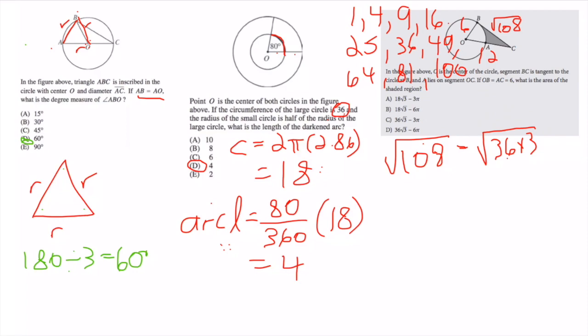So 36 is the highest number that divides nicely into 108, so I separate 108 into 36 times 3, which is 6 root 3.